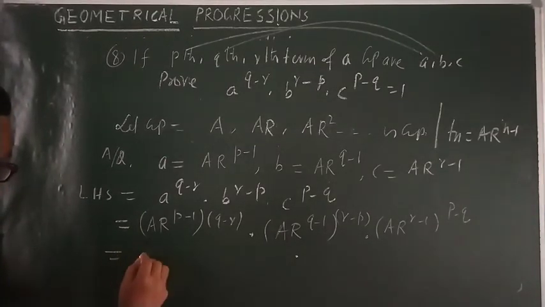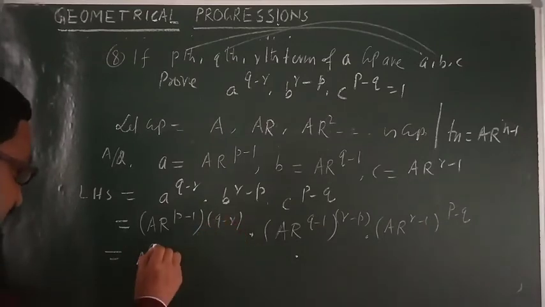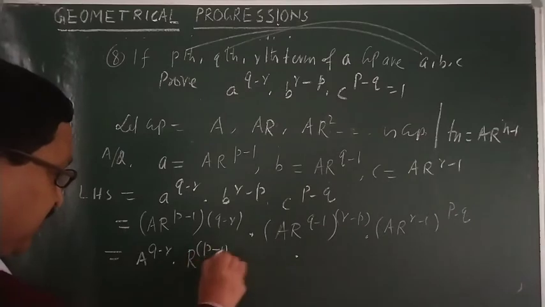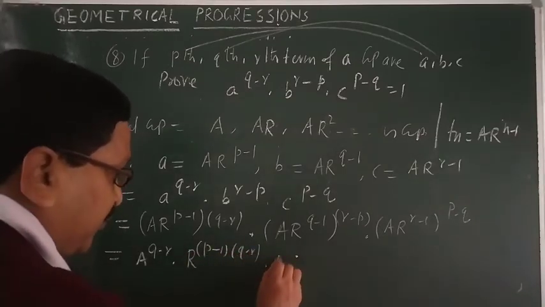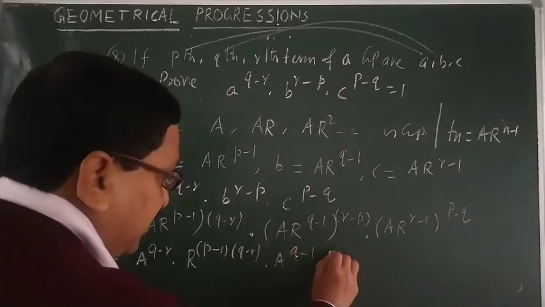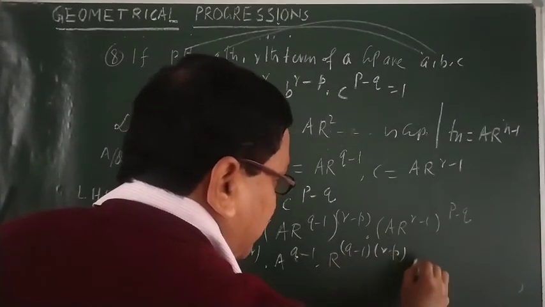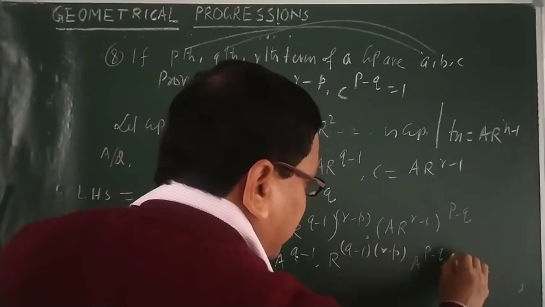Writing it in one line: A to the power q minus r, R to the power (p-1)(q-r), into A to the power r minus p, R to the power (q-1)(r-p), into A to the power p minus q.